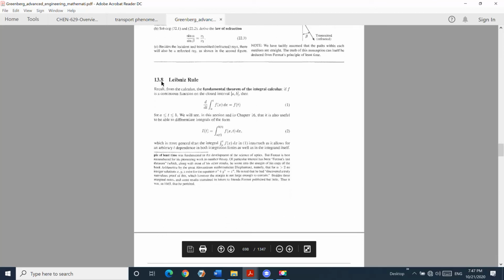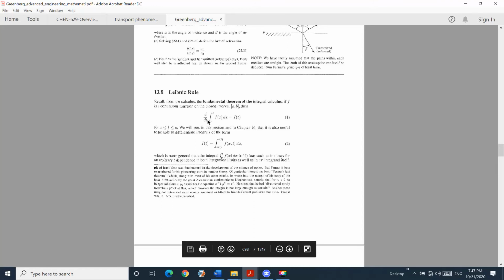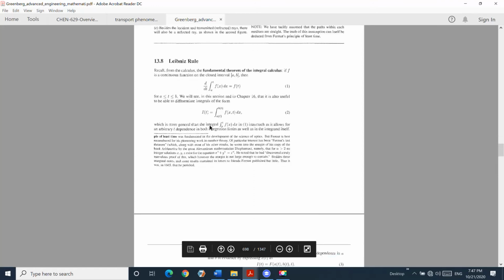And section 13.8 gives the Leibniz rule. We are gonna use it in the derivation of the equations in transport phenomena.